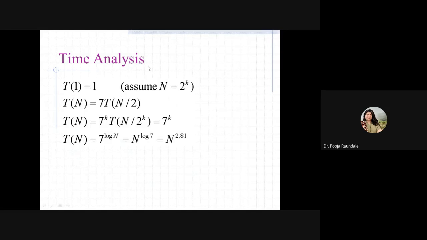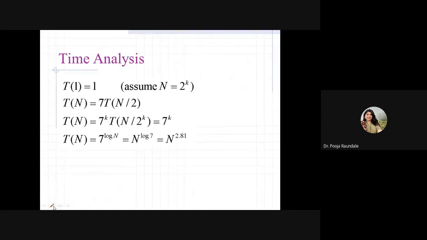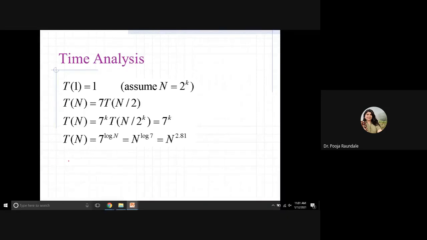Now, if you are multiplying a matrix of order n by n, so consider a matrix which is n cross n, you are multiplying it with another n cross n, but this n is basically 1.